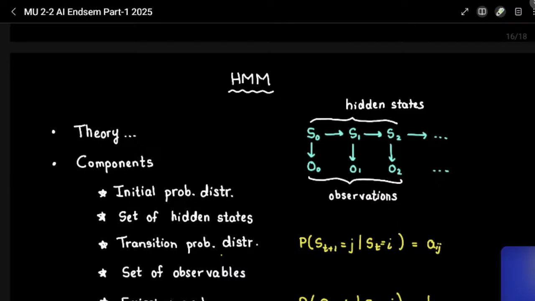Those states are hidden. The only thing you can observe are observables. Observables are nothing but the things that you can observe. So if the world is in state 0, you don't know if the world is in state 0 or not because it is hidden. But what you can see is something happened in the world at that instant.